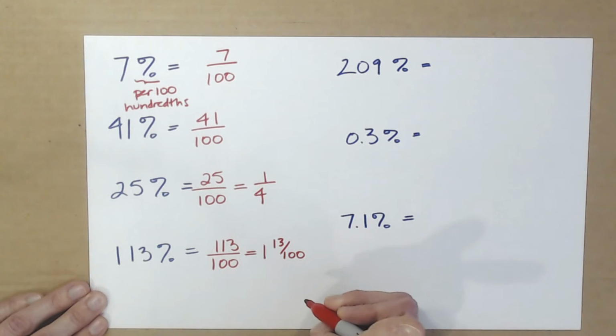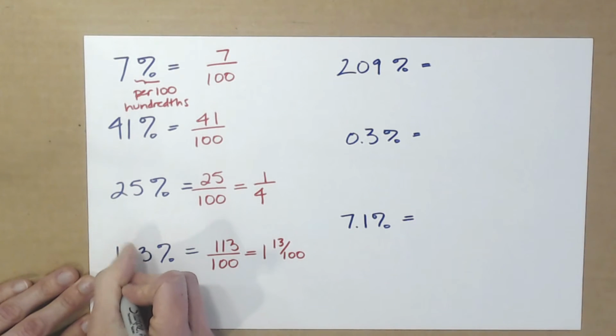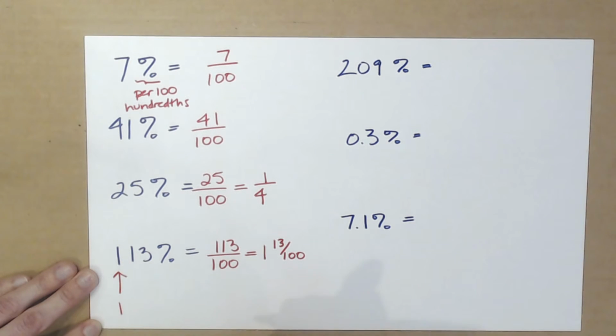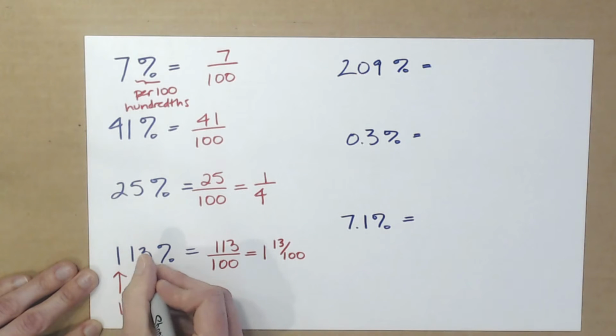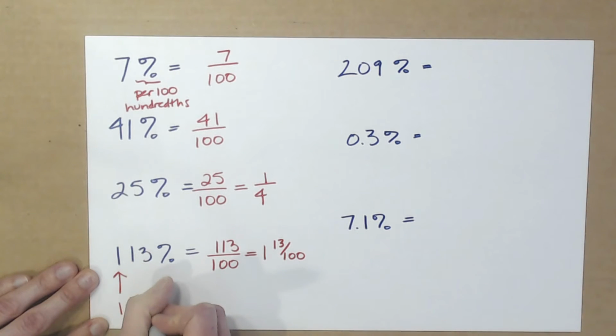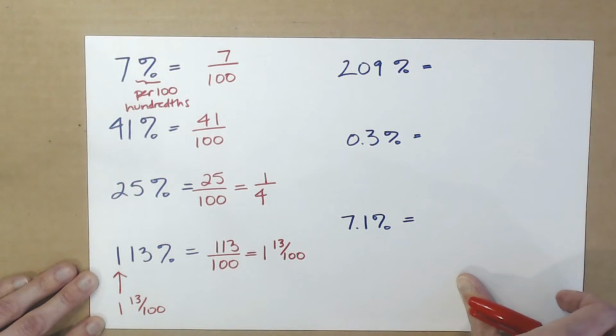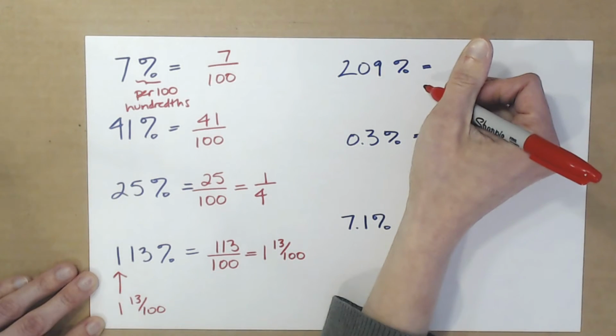So you would enter your answer for this one as 1 space 13/100. Or you can think of this as 100% of something is 1 of it. It's all of it. And then you're left with 13% is 13 hundredths. 1 13 hundredths. So if you take 113% of something, you're taking 1 13 hundredths of it. So you're ending up with more than you started with. 13% more than you started with.